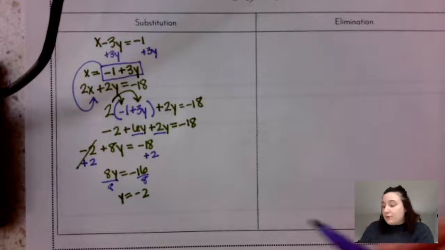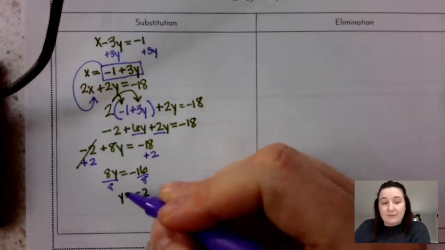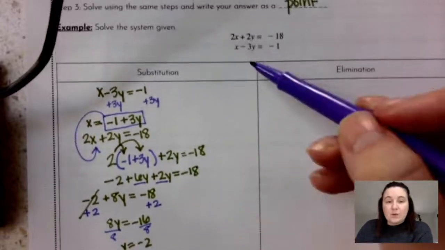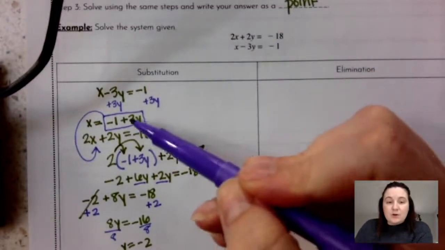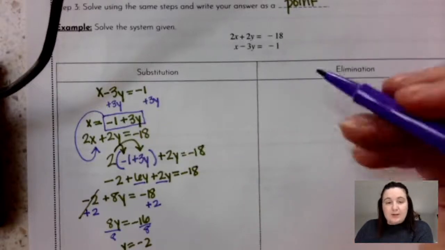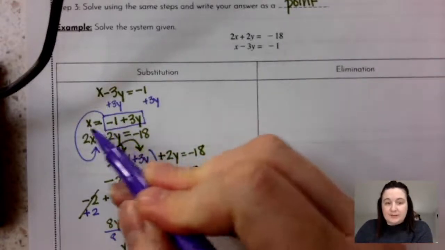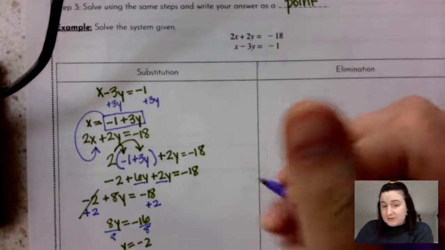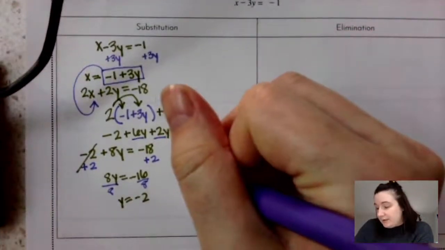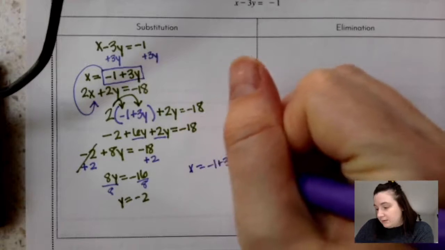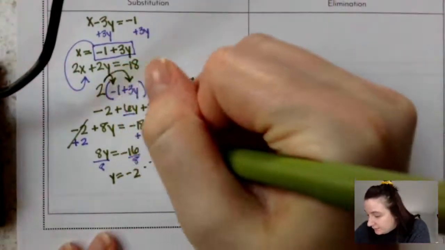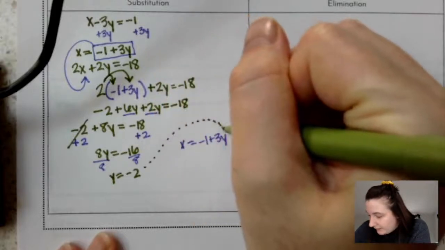And so we know that this is not our answer. This is only half of our answer. And so we need to take this and plug it back in to one of our originals, or this one that I manipulated. It's up to you what you plug in. This one that says x equals is definitely the easiest to plug in. So I'm going to plug it in there. So I'm going to take this negative 2, plug it in for y.